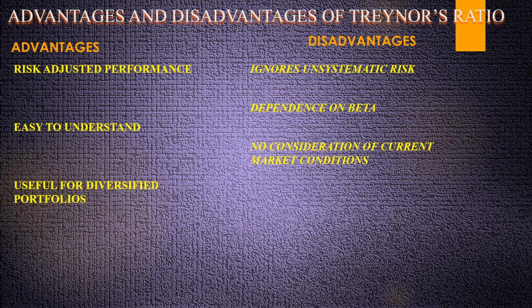We have different portfolios. At the same time, the disadvantages are the dependence on beta and no consideration of current market conditions. So these are the advantages and disadvantages of Treynor's ratio.